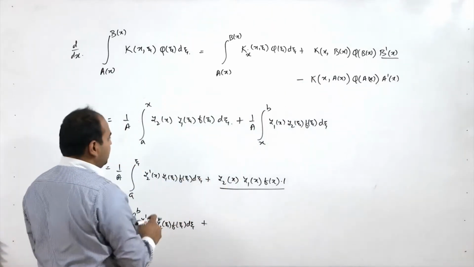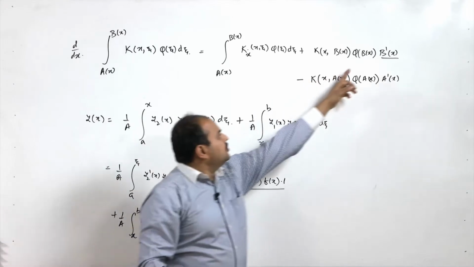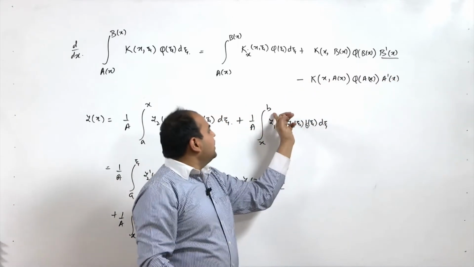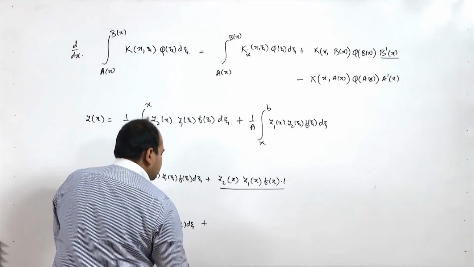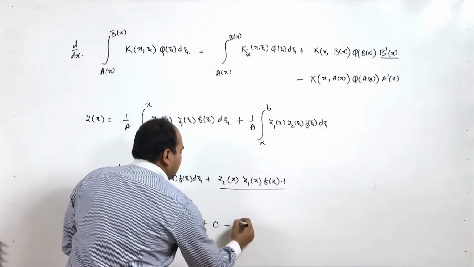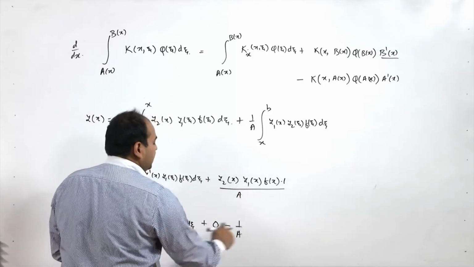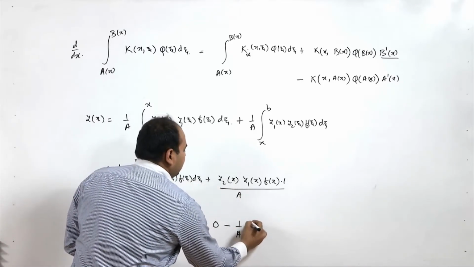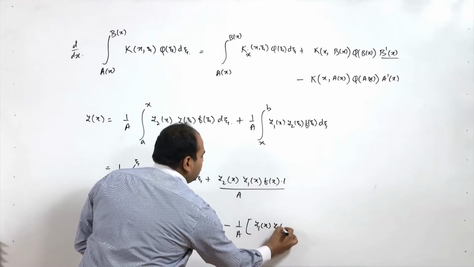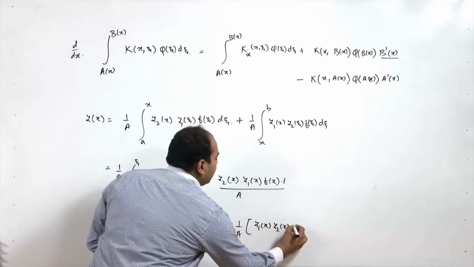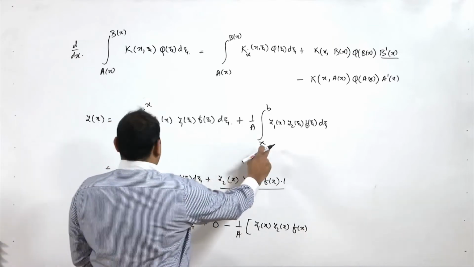If you take this term, the upper limit is b, a constant, so this upper limit will simply vanish, so we consider only the lower limit, and that is 0 here, minus 1 upon a, I think I had left out a here, y1(x) y2(x) f(x), and here it is x.